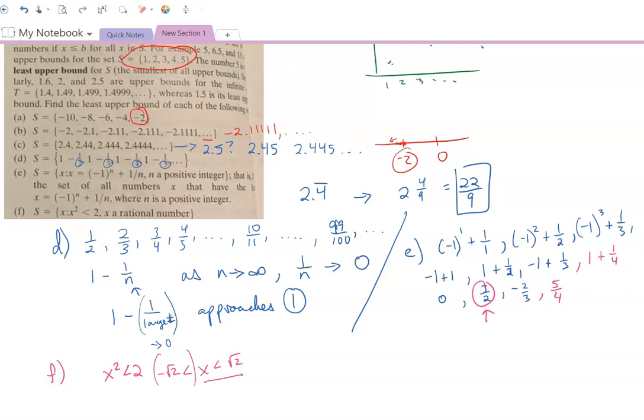If we don't have a way to actually name what the highest number in a set is, then we pick the lowest number that we can name that is above all of the numbers in the set. So here, root 2 is actually our least upper bound, okay? So is root 2 part of the set? No, it's not, but the least upper bound does not have to be an element in that set.